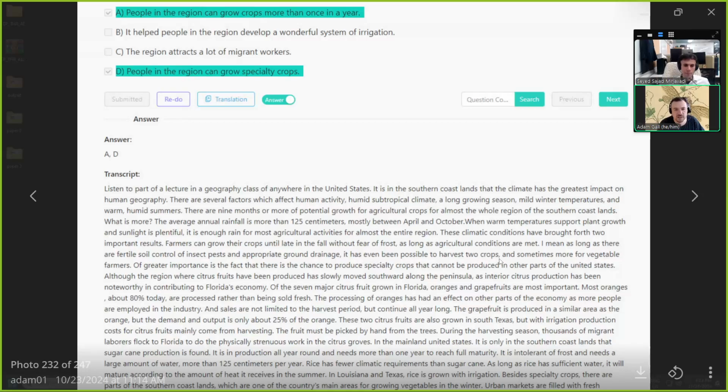So it is the rain and the sun that makes it possible to harvest more than two crops in a year. But sufficient in itself, but it's necessary. So it is a consequence, but it's not the only thing that has to be done to make it happen.